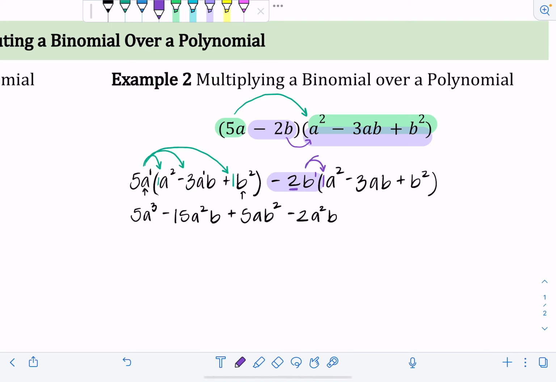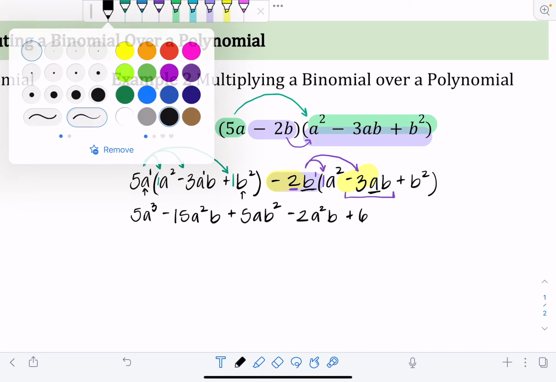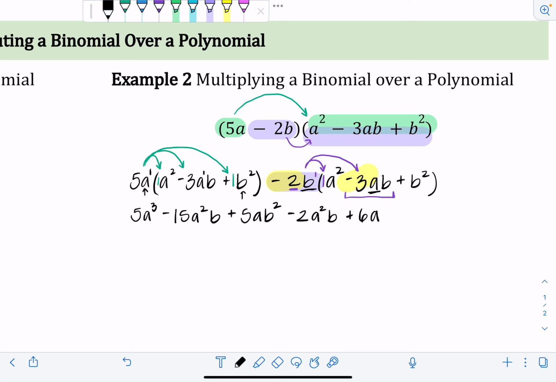And then next, negative 2b times negative 3ab. So I would take the negative 2 times the negative 3, that would become a positive 6. And then I'm multiplying in a b to the first power. So this a is going to stay the same. So times a, and then the b times b becomes b squared.